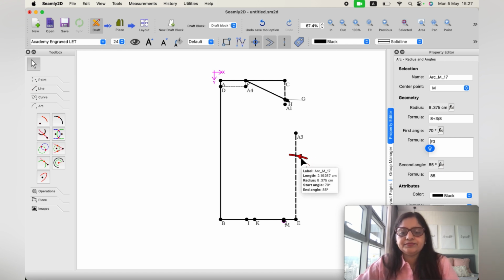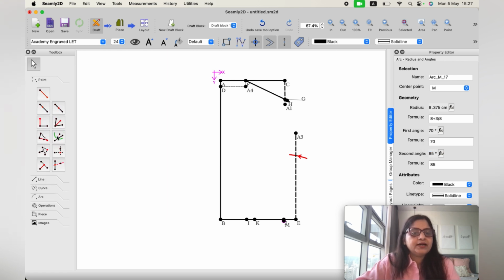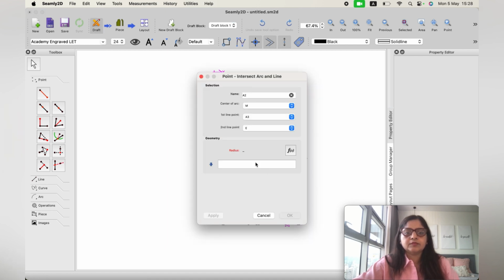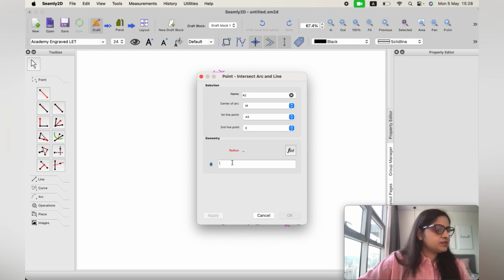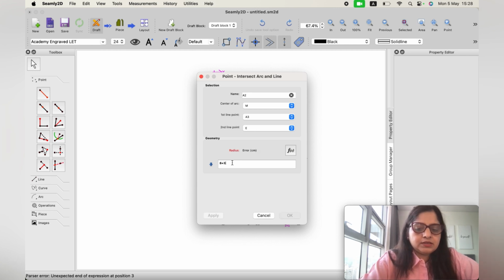Now I need to give a point name. For that I'll again go to the point tool, intersection of arc and the line. Yeah, my radius was 8 plus 3/8.